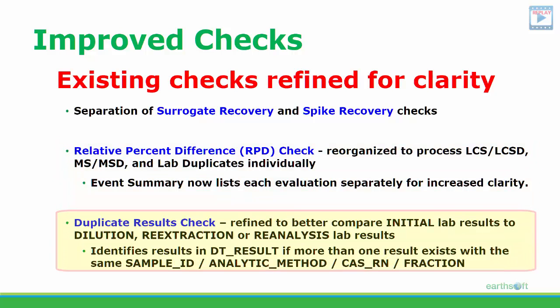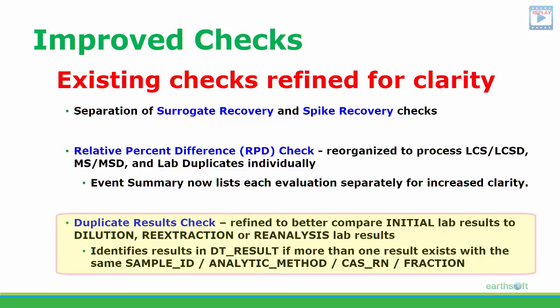Okay, so the duplicate results check was refined to better compare your duplicate instances of results. So essentially what it does is it'll look in DT result and see if more than one result exists with the same combination of sample ID, analytic method, CAS number, and fraction. And if it does, it'll allow you to essentially say, which one of these do I want to be the actual reported result, and which one do I want to set to not reportable.